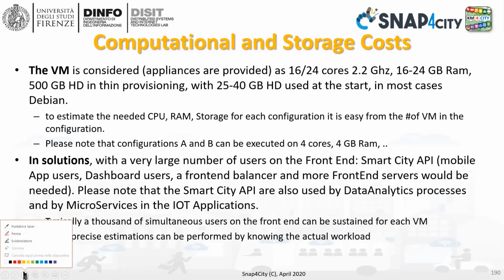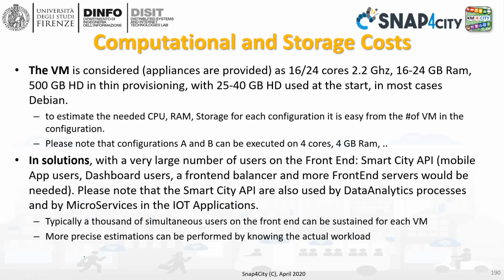From the point of view of scalability and computational and storage cost, the solution we propose is based on virtual machines or Docker. The virtual machine that you have seen in the table are typically based on 16 to 24 cores at 2 GHz and 16 to 24 gigabyte of RAM of memory, and also 500 gigabytes of hard disk of storage.